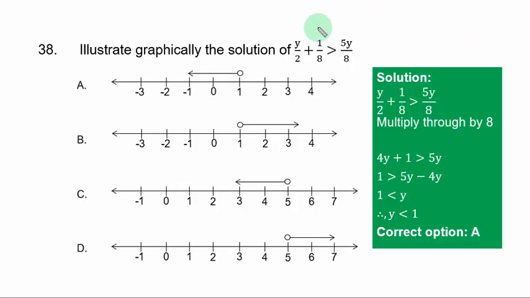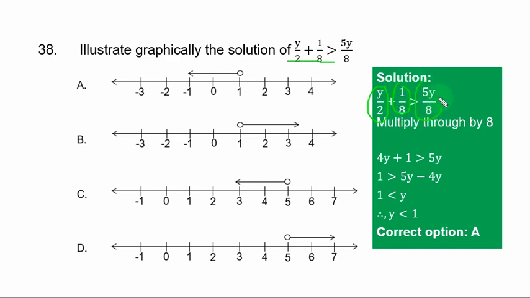Question 38. Illustrate graphically the solution of y over 2 plus 1 over 8 greater than 5y over 8. I always prefer clearing fractions to ease the solving. To do that here, multiply through by the LCM, 8. If you multiply this term by 8, you have 4y. Multiply this term by 8, you have 1.